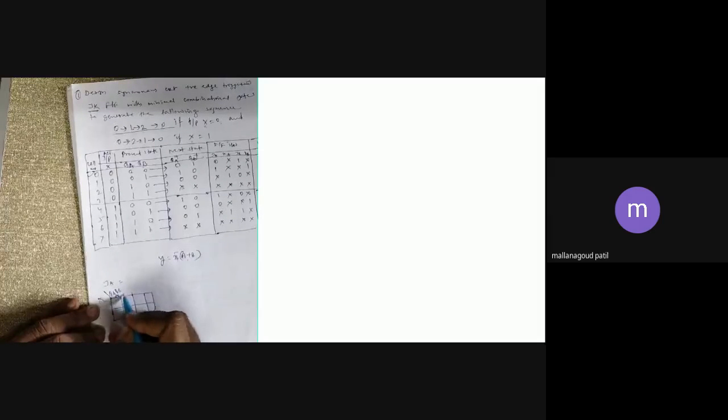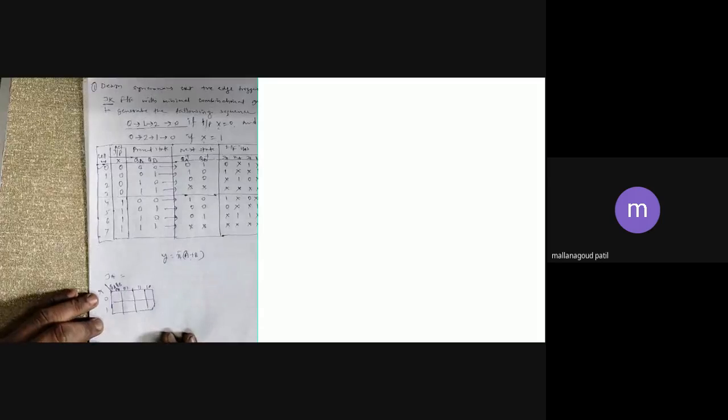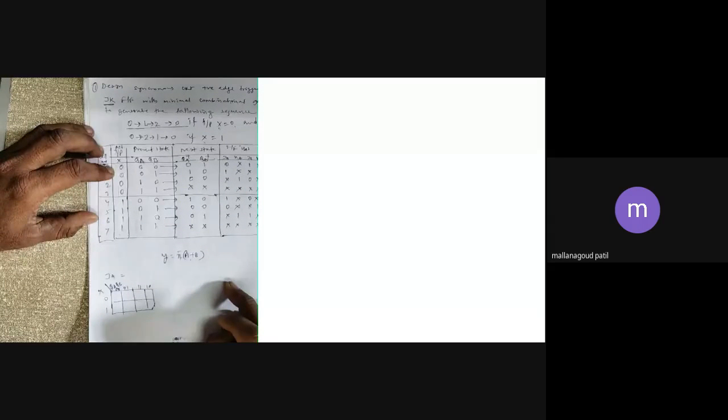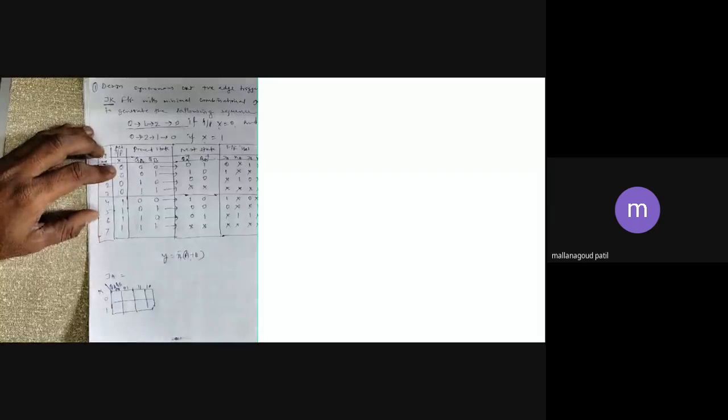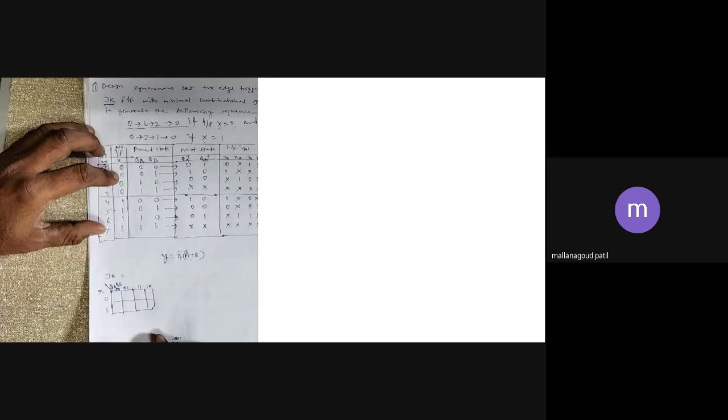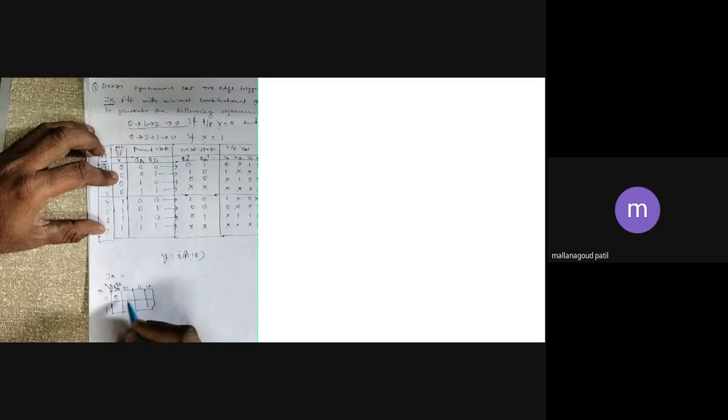0, 0, 0, 1, 1, 1, 1, 0, 0, 1. Now enter for the J. See, entry should be very much important, otherwise you have a problem. 0, 0, 0. What is the value for J? 0. Next, 1.